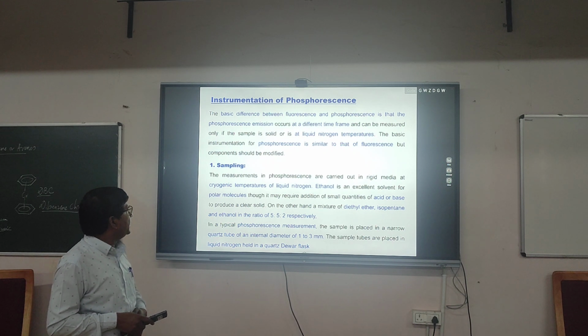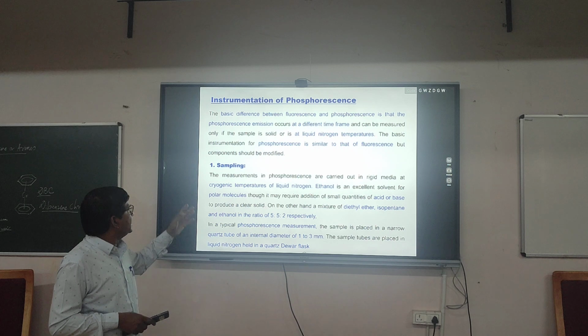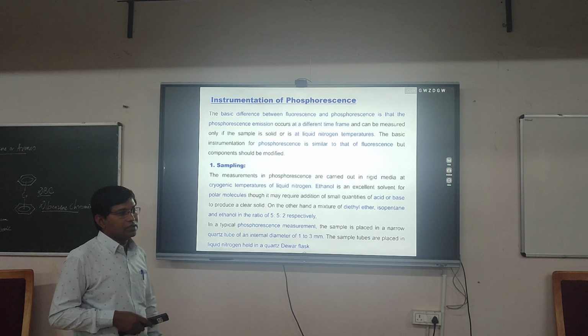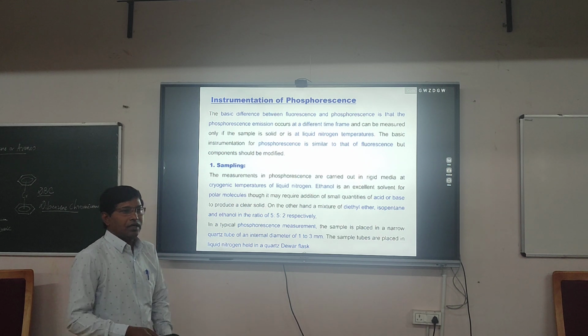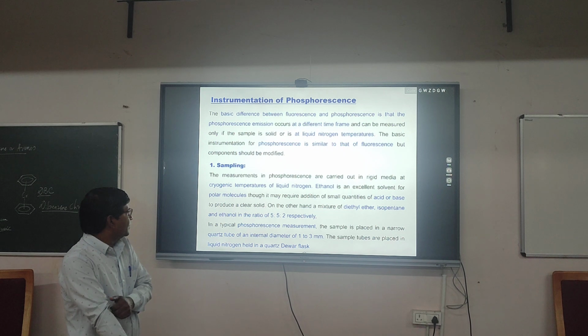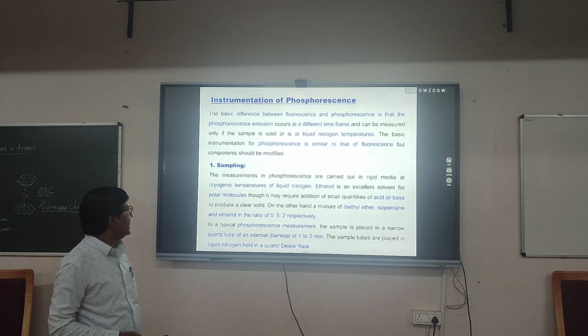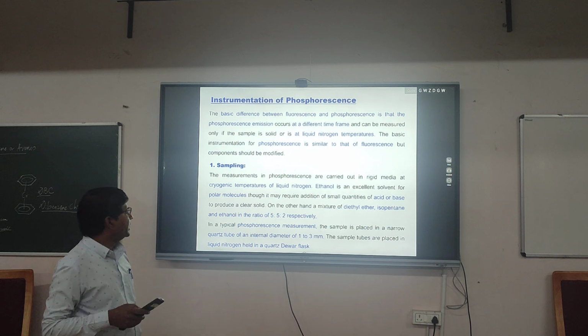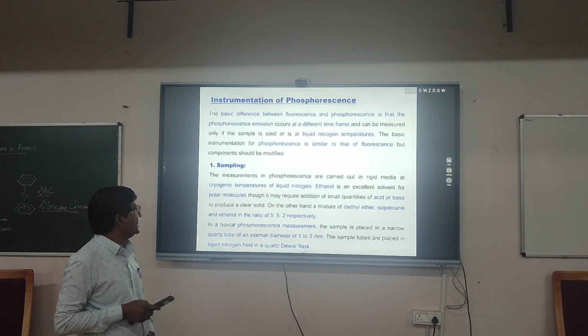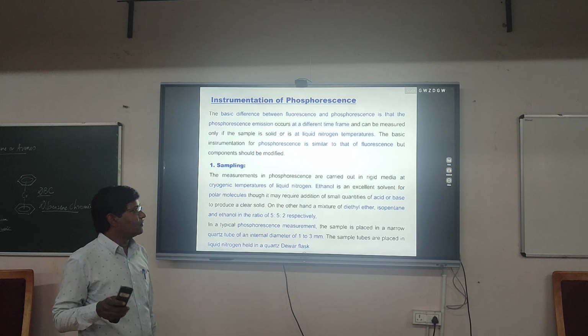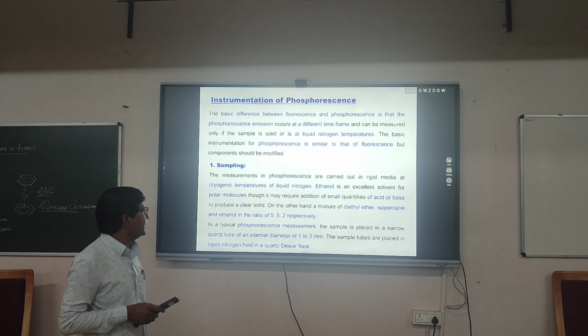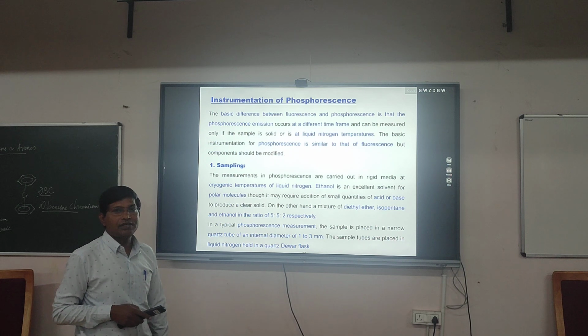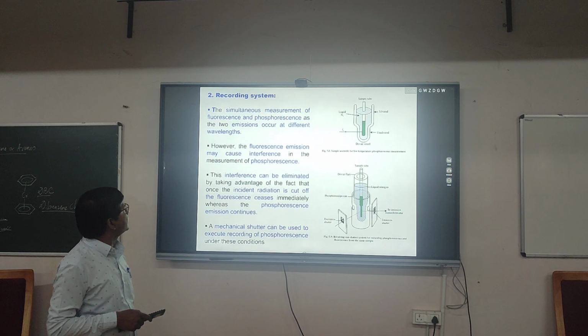Generally this process occurs at a low temperature. So we will use a cryogenic temperature for putting our sample into the sample cell, and if the sample is solid, we can either dissolve it in ethanol or an acid or a base.